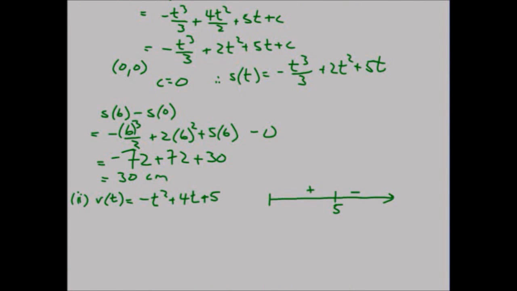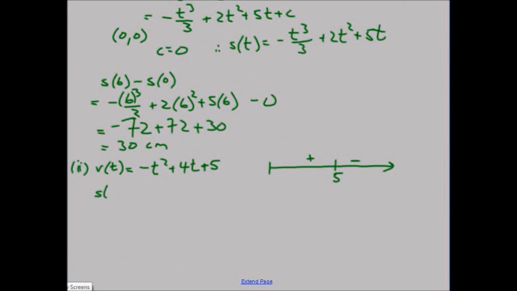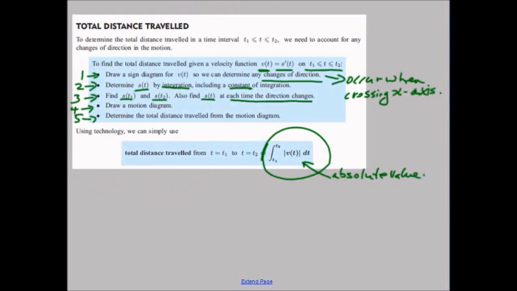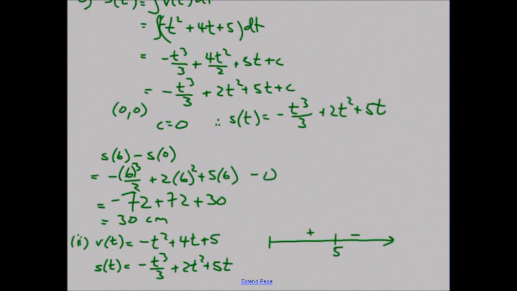Step 2 is calculate S of t by integration. Well, we've already done that as well. So S of t is negative t cubed over 3 plus 2t squared plus 5t. The next step is determine S of t1, S of t2, and any S of t whenever we change directions.